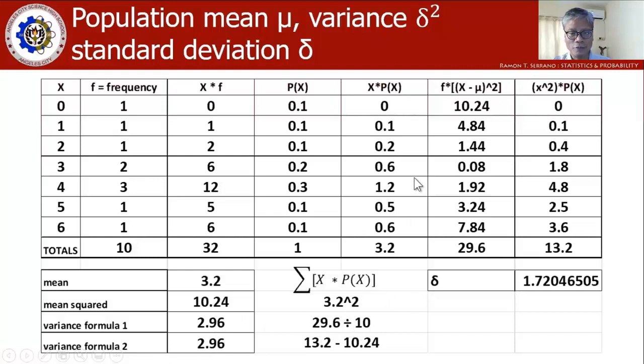And of course, here we totaled the frequency multiplied by the differences squared, and you come up with 29.6, and we divided it by 10. Take note, we divided it by the number of samples, okay, the 10. And so we came up with 2.96. And of course, the sigma, which is the standard deviation, we just simply took the square root of 2.96 and you come up with 1.72.